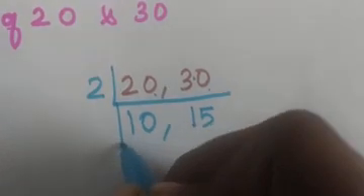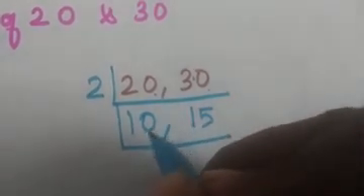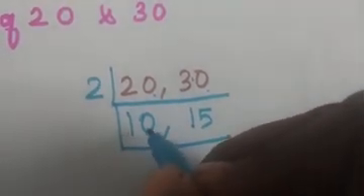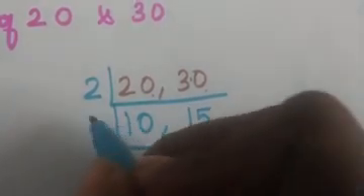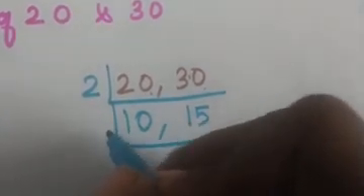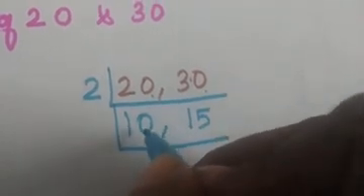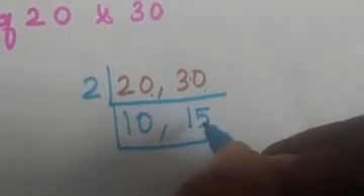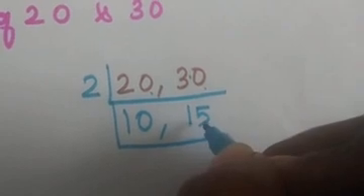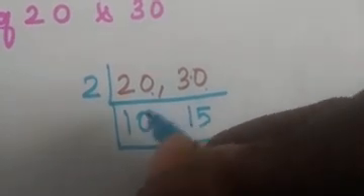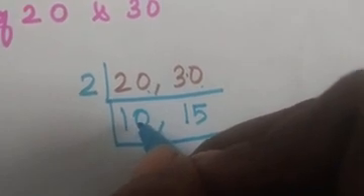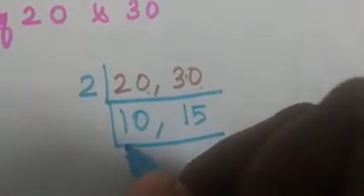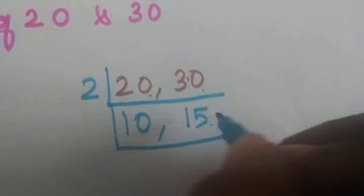Then which is the common factor among 10 and 15? 5 table, isn't it? Because 2 we can divide by 10 but 5 we can't, isn't it? So the next one is 3 table. 3 won't come in 10, and 4 table means both won't come.